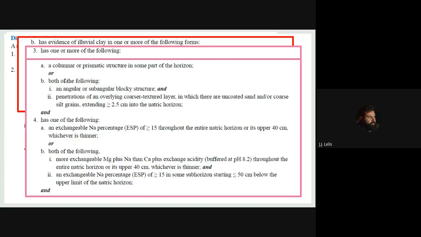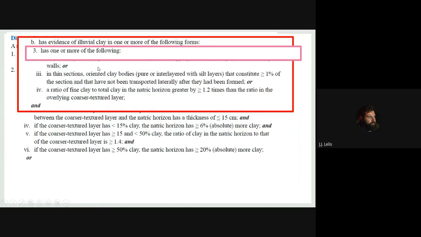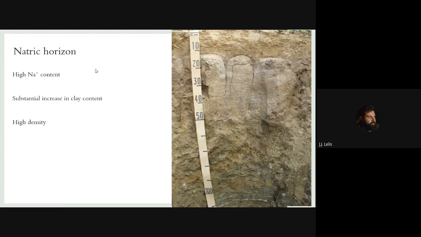And they should present one or more of these criteria. It should possess a columnar or a prismatic structure. So let's see, this is a columnar structure that has a vertical dimension that's quite larger than the horizontal, and in this case, we have this convex top.